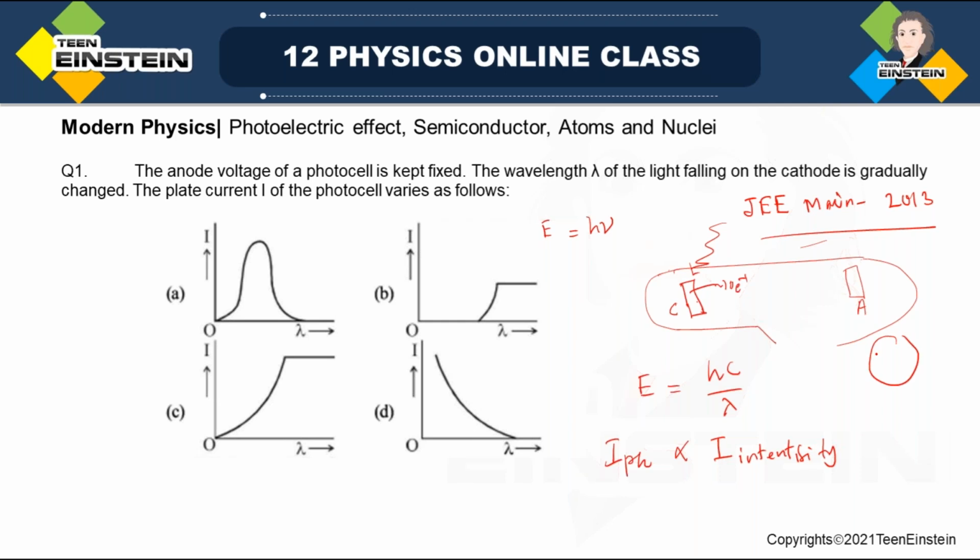Greater intensity means a greater number of photons per unit area, so you can knock out many more electrons, as one photon can knock out only one electron. So if your intensity is greater, you get more electrons and more photocurrent.